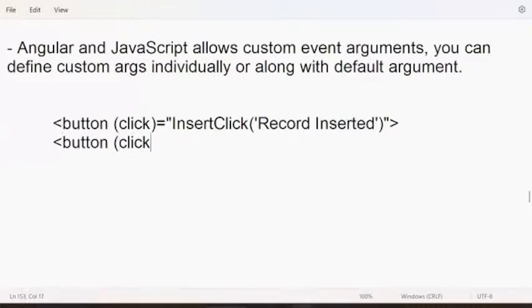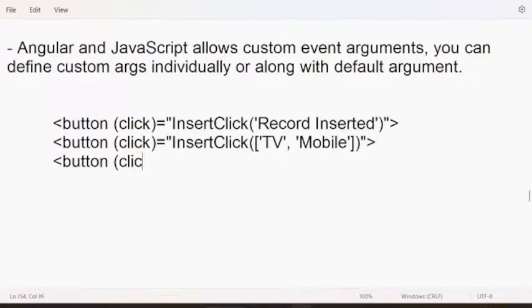Button, we have a click equal to what? Insert click. I can even send an array, like TV, mobile, like this. I can send even an array as an object. I can send anything.